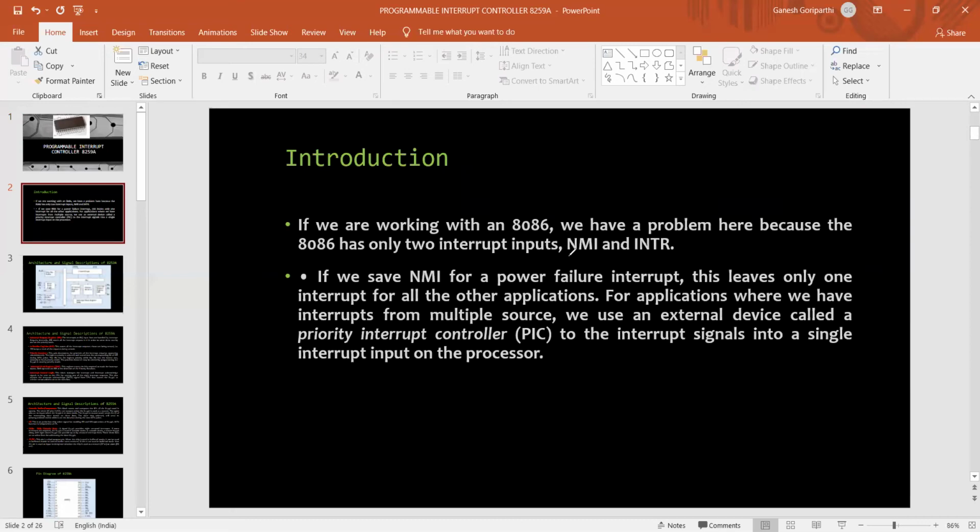So what is this NMI? If you could remember, while discussing the pin diagram of 8086, we discussed these two interrupt signals. One is NMI, which is nothing but non-maskable interrupt.